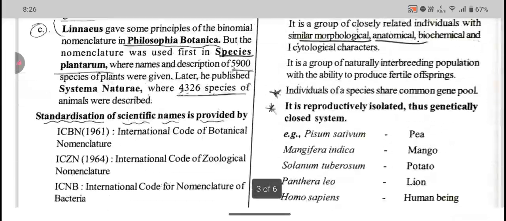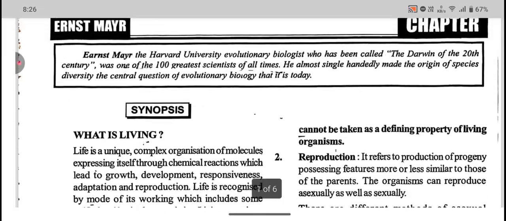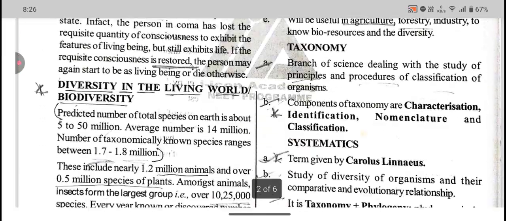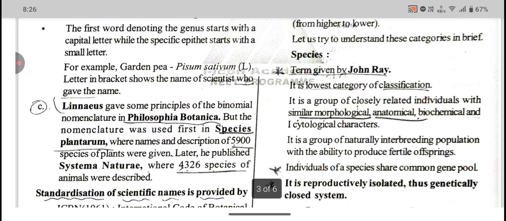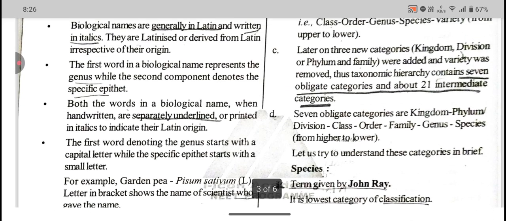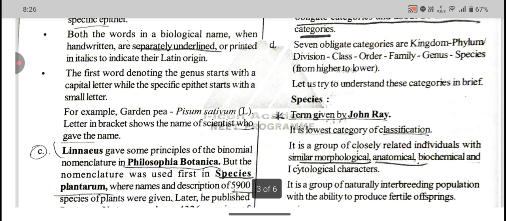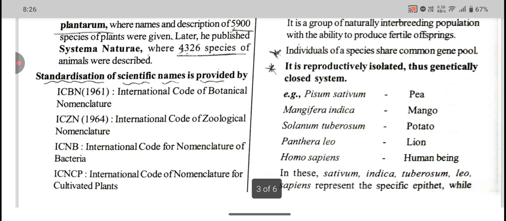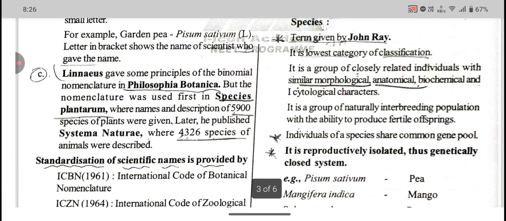So this is the brief introduction of the living world, the characteristics of living organisms, and classification. Now let's see the taxonomic hierarchy given by the scientists, starting with the species.